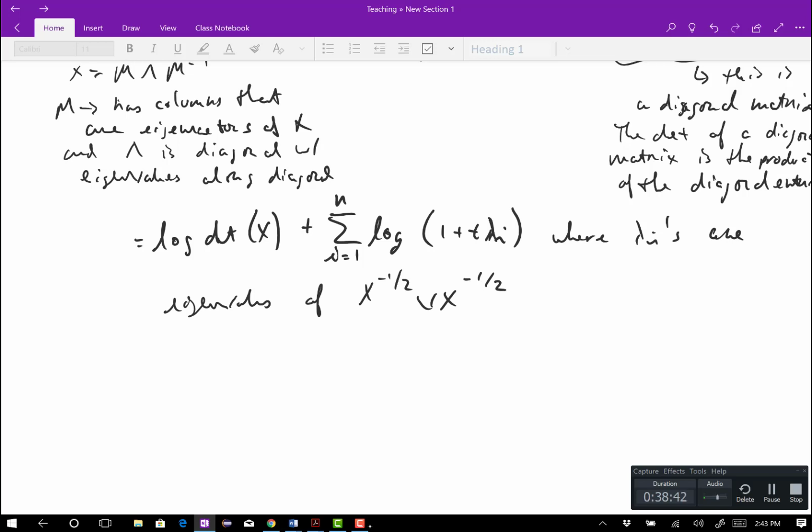Okay, so now we've gotten into that expression. And this has negative curvature.